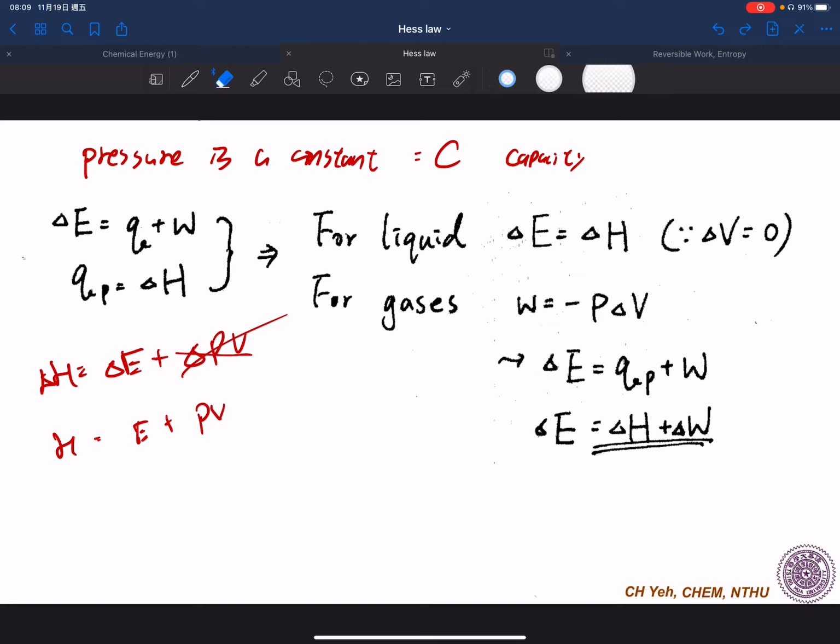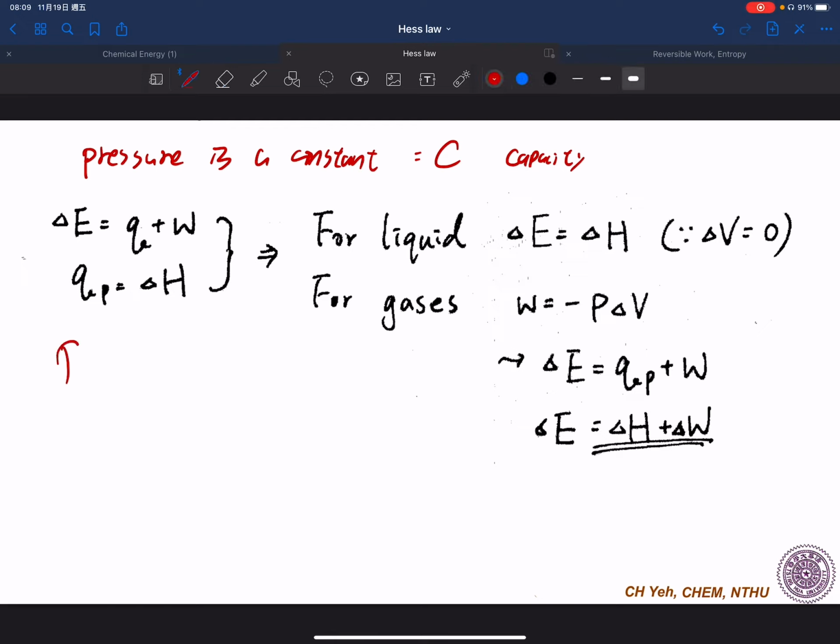But for gases, what will happen at constant pressure? When the pressure is constant and you raise the temperature, it causes an increase in the volume.